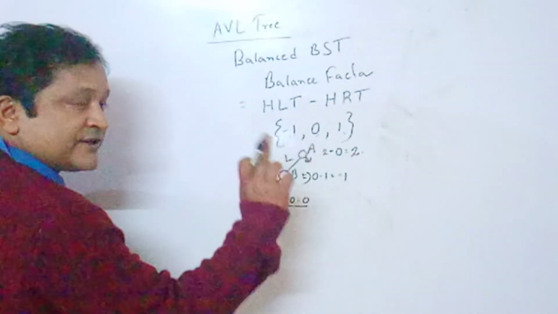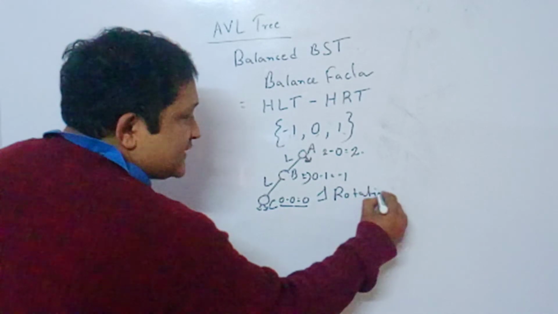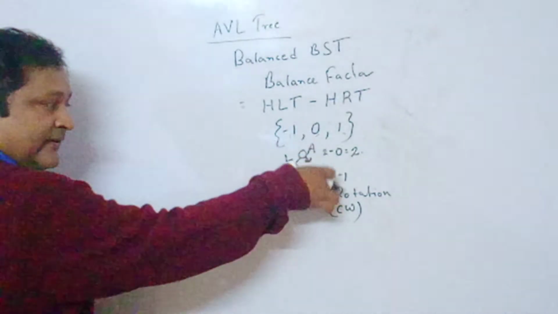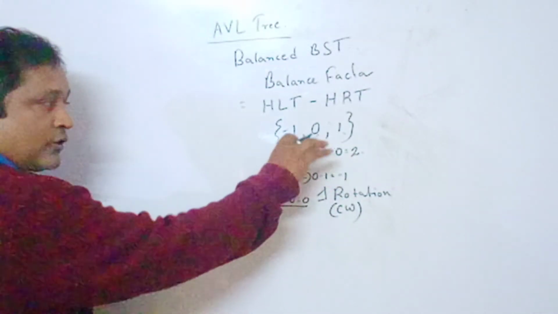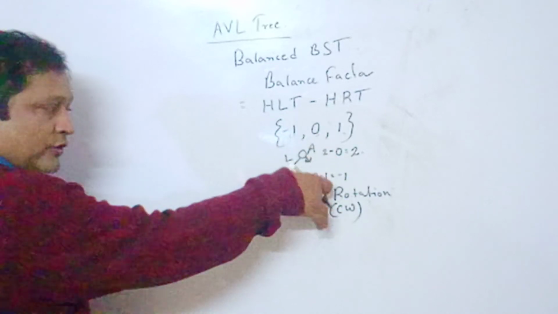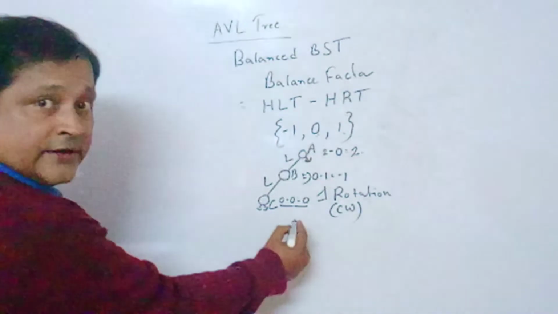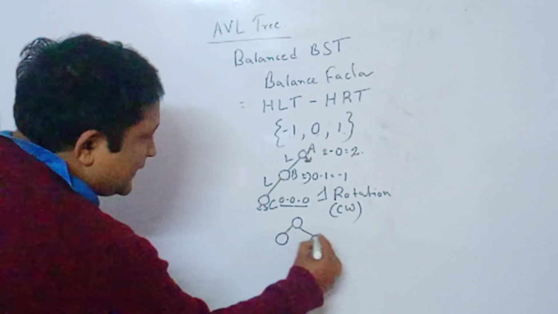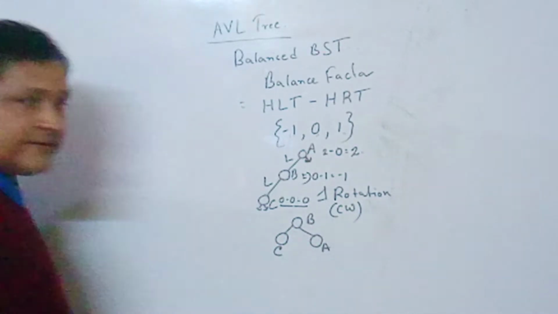Only one rotation is required, and that is also clockwise. We rotate A, keeping B in the middle, fixed like in a compass. If you rotate it clockwise, then A will come here. So it will be like this: B the root node, C on the left and A on the right.